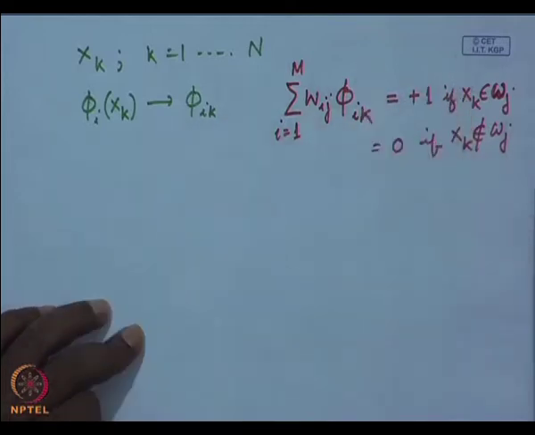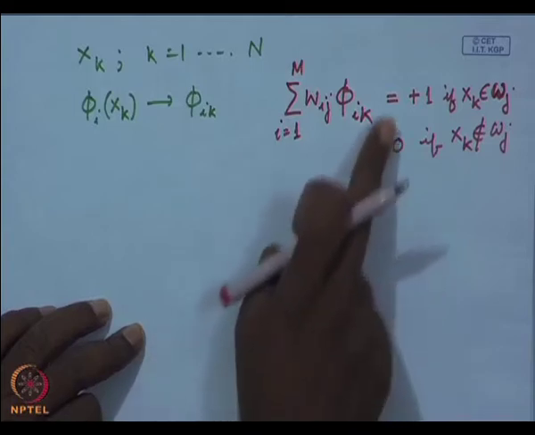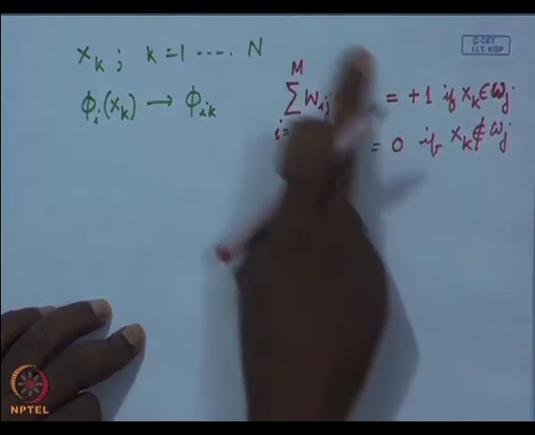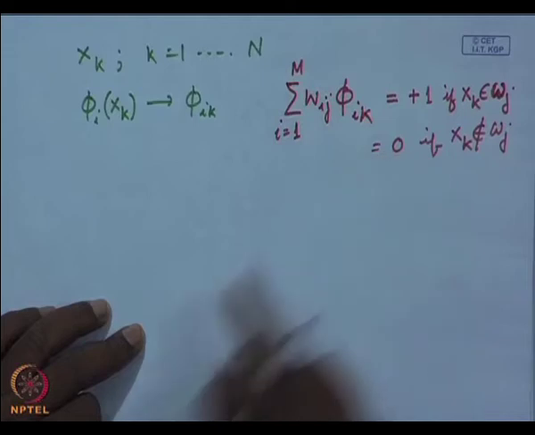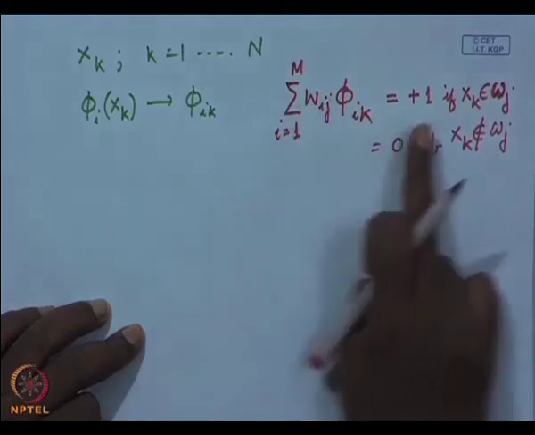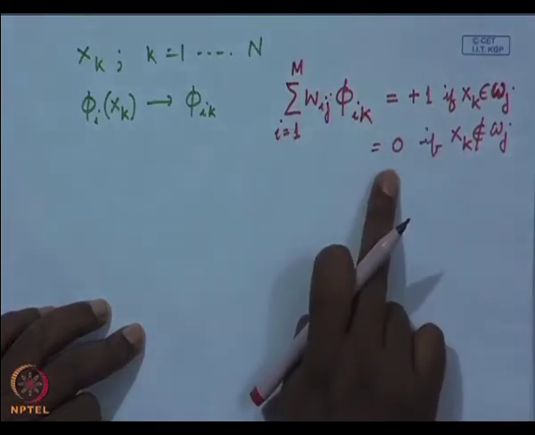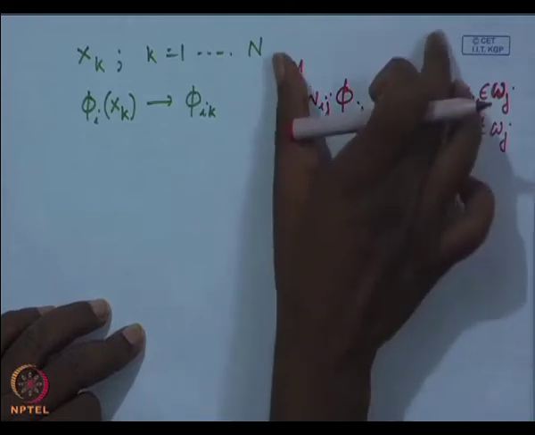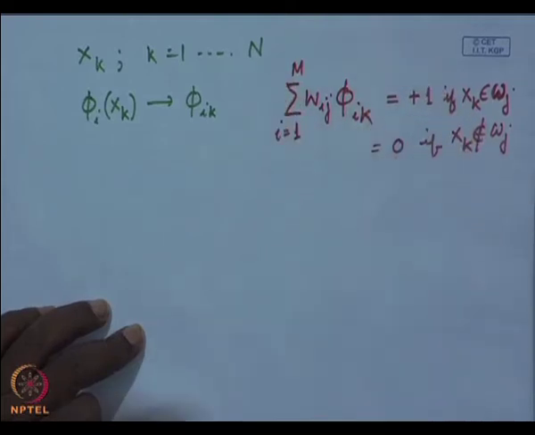So, this is the output that I expect. So, for every x k I have such a kind of linear equation, that this summation will be either plus 1 or 0. And all those capital N number of equations now I can write in the form of a matrix.